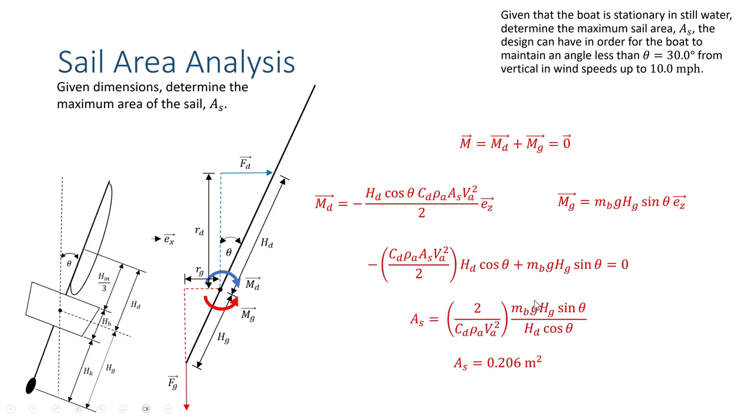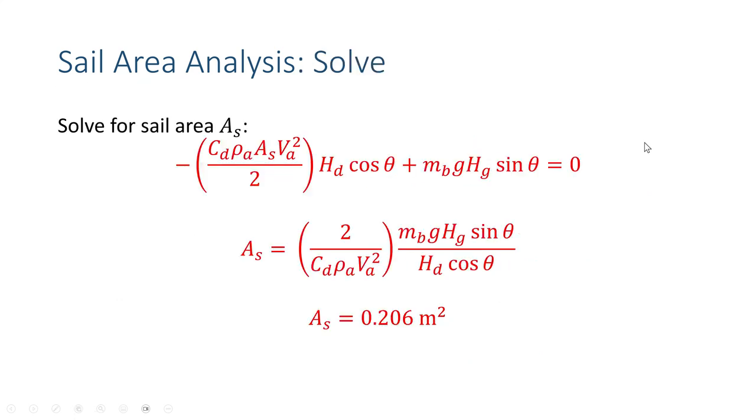So now we just need to plug and chug. We just plug in all the values that we have because we know all these variables, and the area of the sail is 0.206 meters squared. So that is the maximum area of the sail that we can have in order to not tip over at 10 miles an hour.